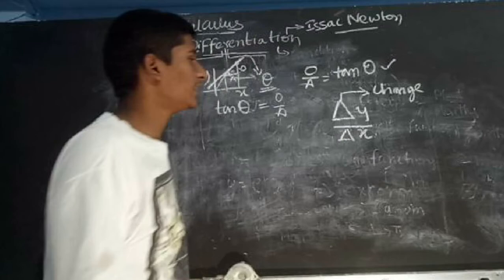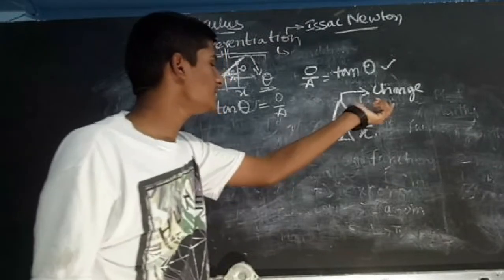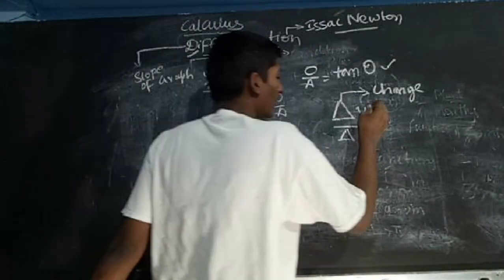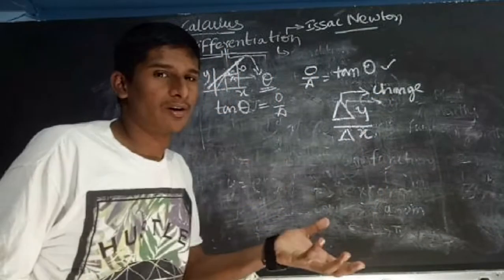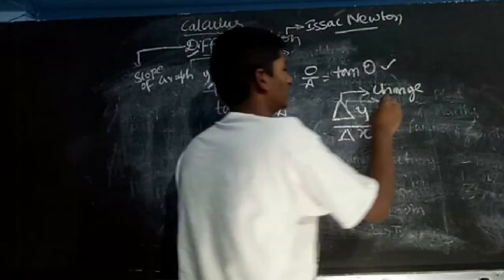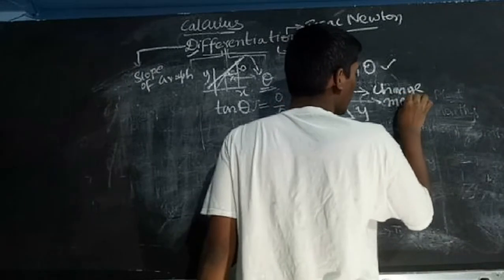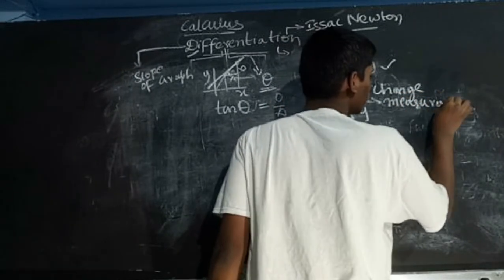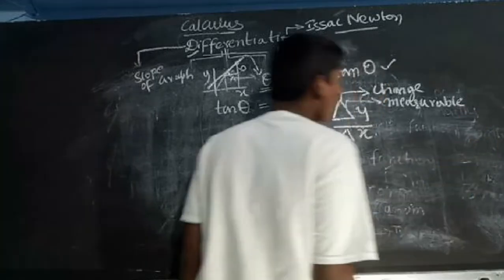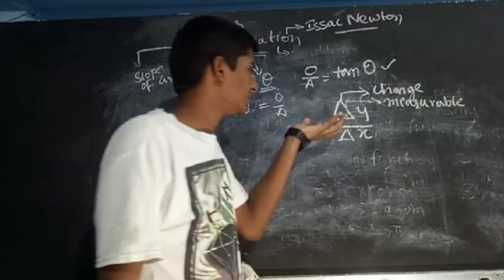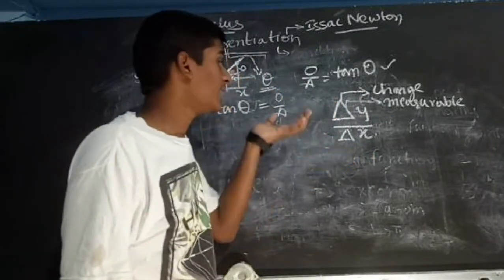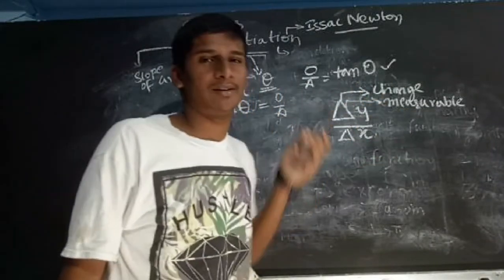It is also called a measurable change. This symbol delta is used for measurable quantities.